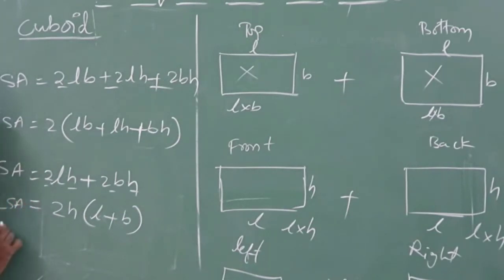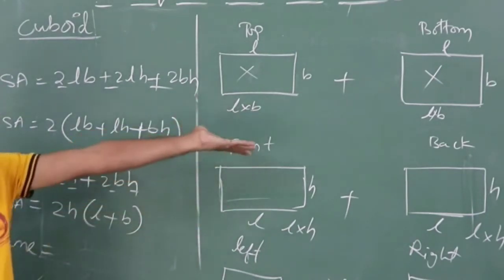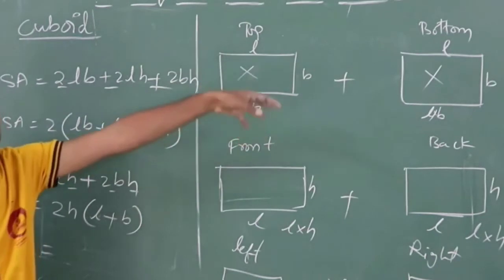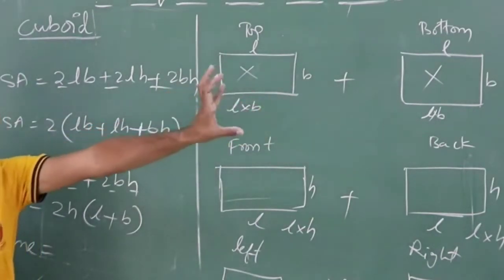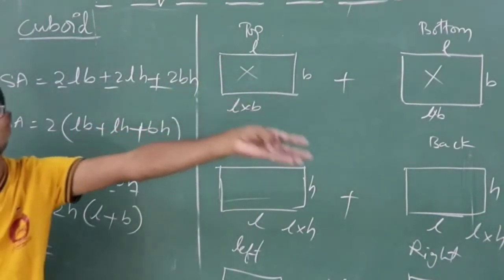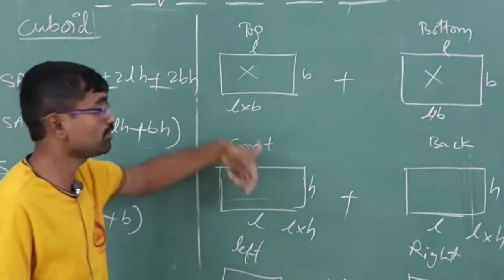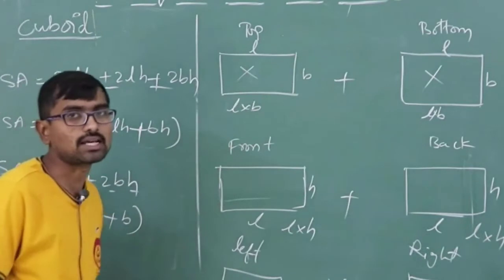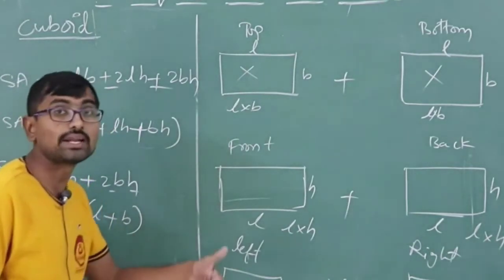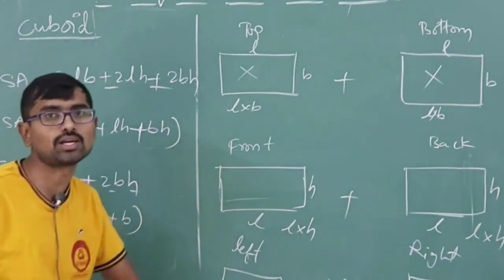Now coming to the volume, so what is volume? The total space covered by any object is called volume. It means how much quantity of anything, whether solid, liquid or gas, we can pour into this three-dimensional form of a rectangle, that is the cuboid.